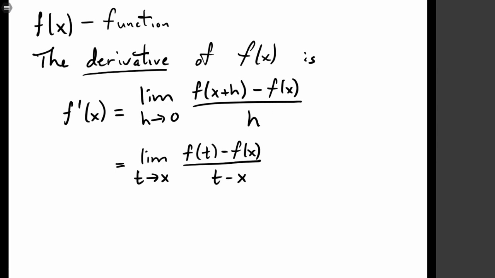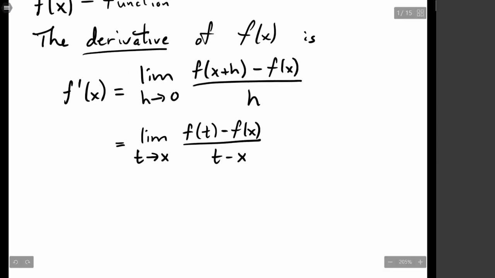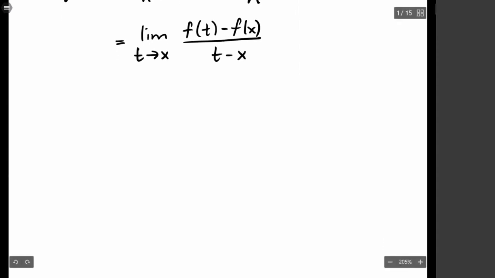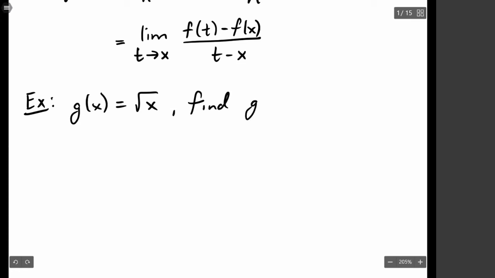Okay? So let's just see this in a quick example. Say, let's do the square root function. Okay? So let's say the function g of x is square root of x. Let's find g prime of x. Right? Just to see an example of this worked out.